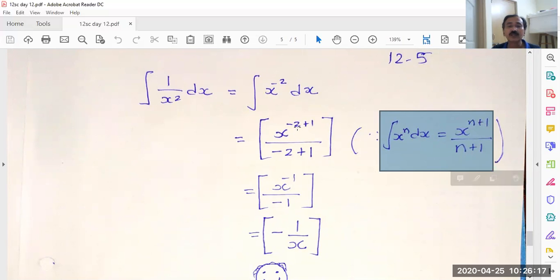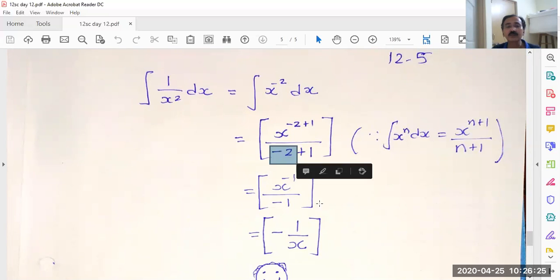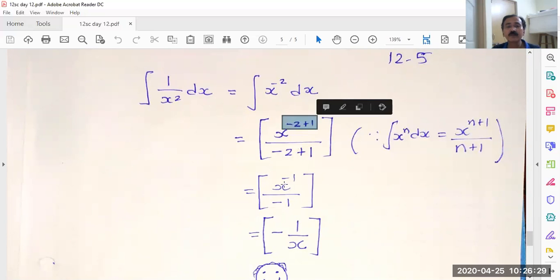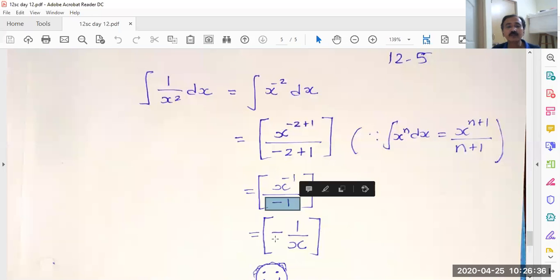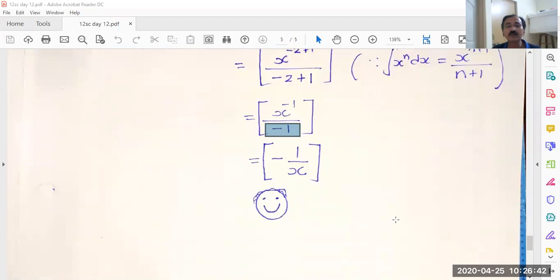So with n as minus 2, this is x raised to minus 2 plus 1 divided by minus 2 plus 1. So it is minus 1, and the denominator is also minus 1. So this becomes minus 1 by x. And you should be okay with that.